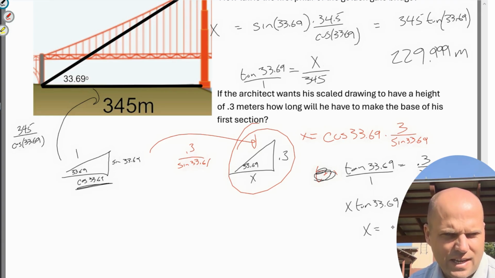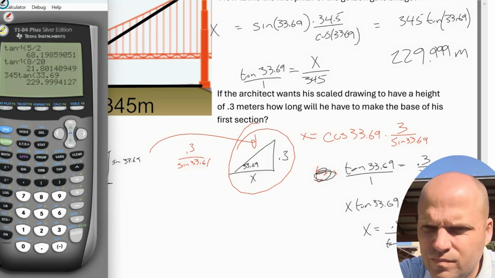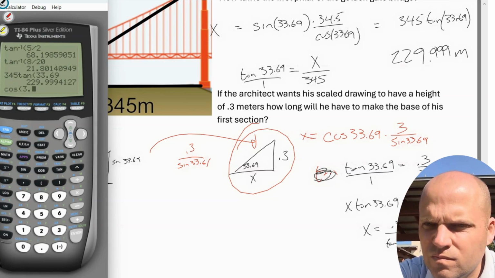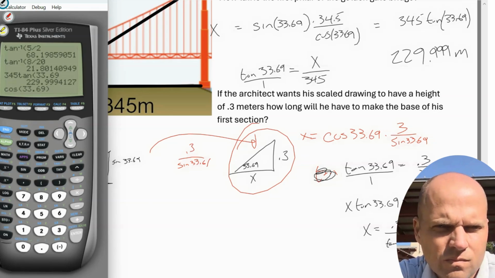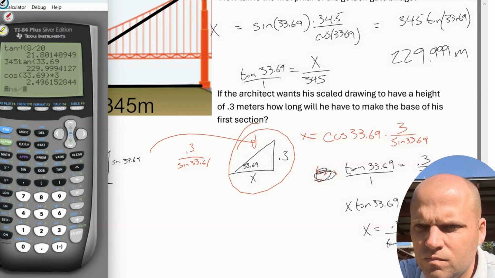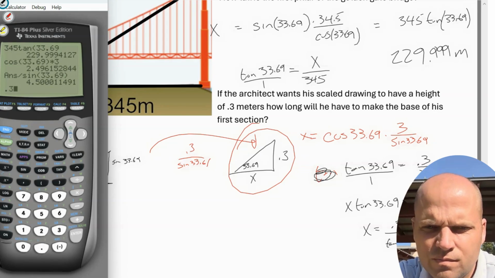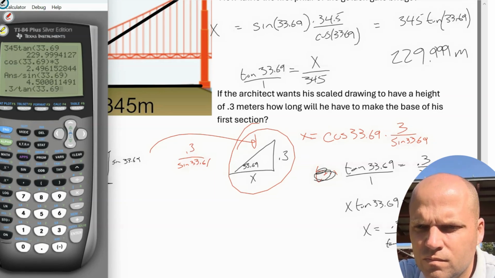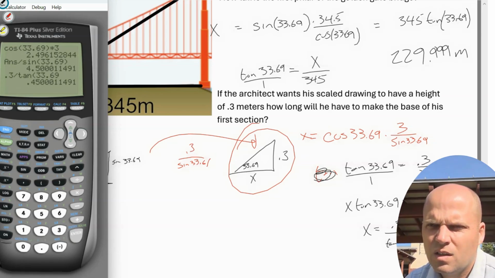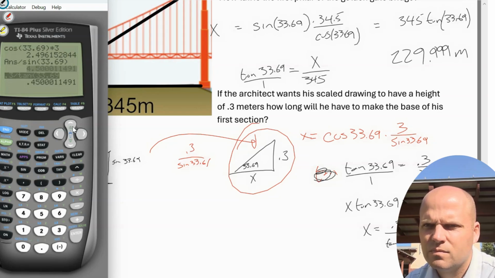Now we have to divide by the tangent of 33.69. That's 0.45.